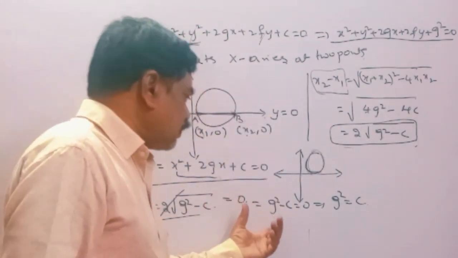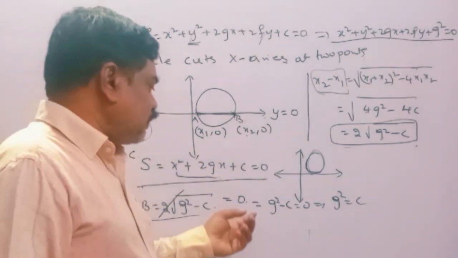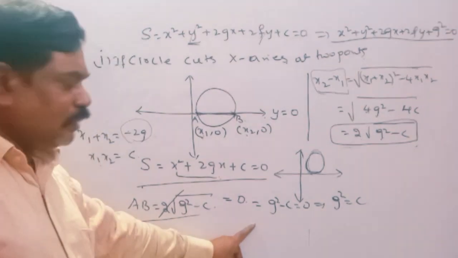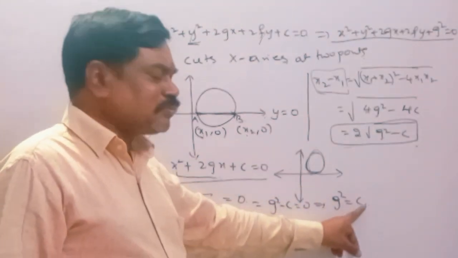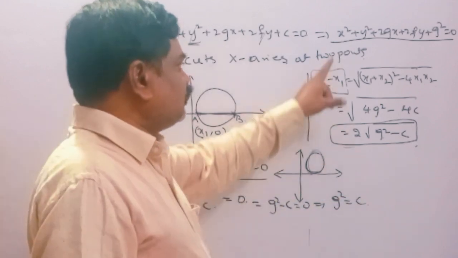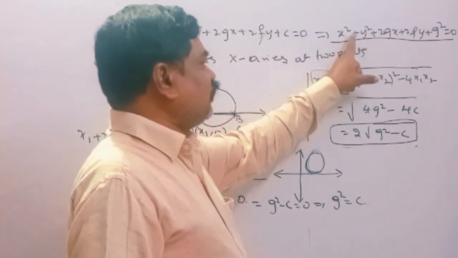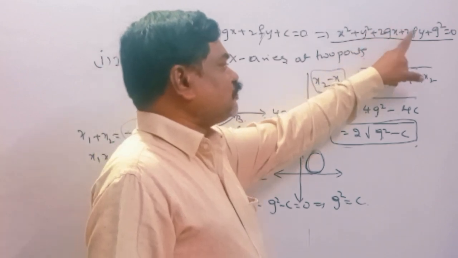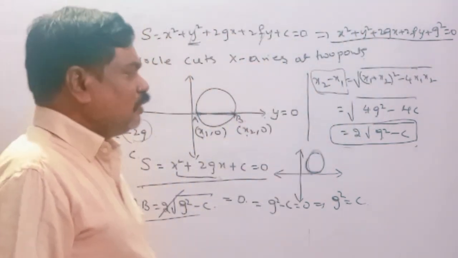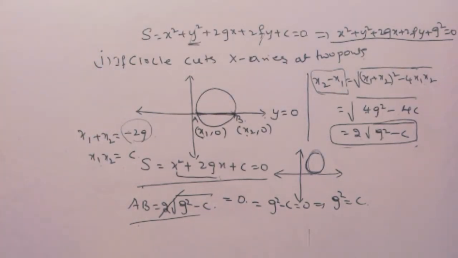So suppose the circle touches the x-axis, then the intercept of the circle will be 0, then g square is equal to c. In place of c you can substitute g square, then the circle equation changes as x square plus y square plus 2gx plus 2fy plus g square equal to 0. Like this the circle equation is changed.